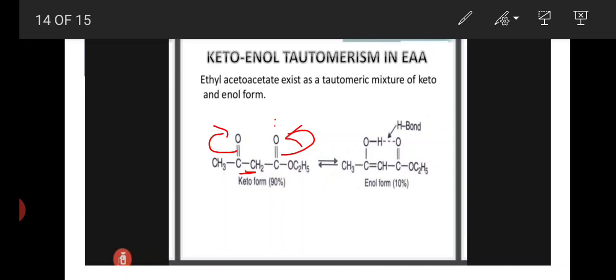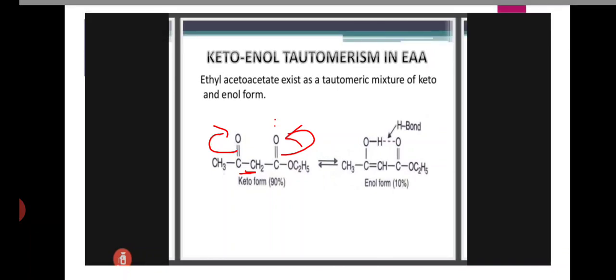Here 2 alpha hydrogens are present and 2 carbonyl groups are also present. So there is a chance of migration of the proton to the left side or right side, whatever it may be. The same enol form is formed. This is keto-enol tautomerism in ethyl acetoacetate.